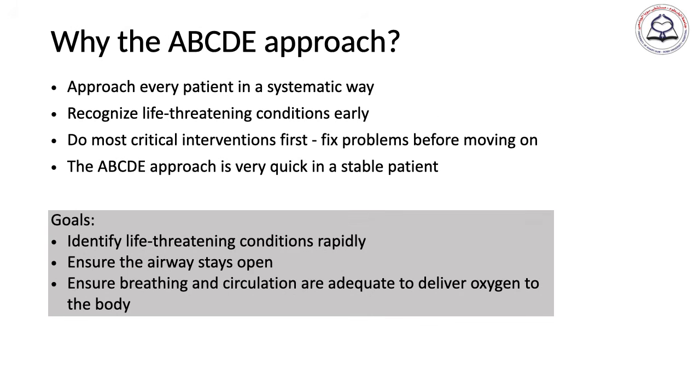Why the ABCDE approach? The goal of implementing this approach is to identify life-threatening conditions rapidly and to fix them. So we would like to ensure that the airway is patent, is open, and there is adequate ventilation, air is moving in and out, and at the same time to make sure circulation is adequate.